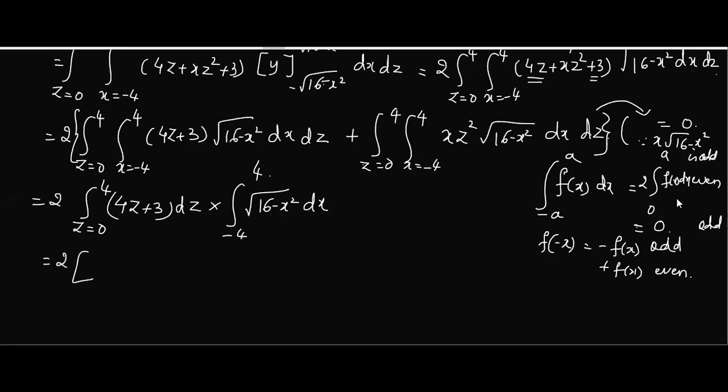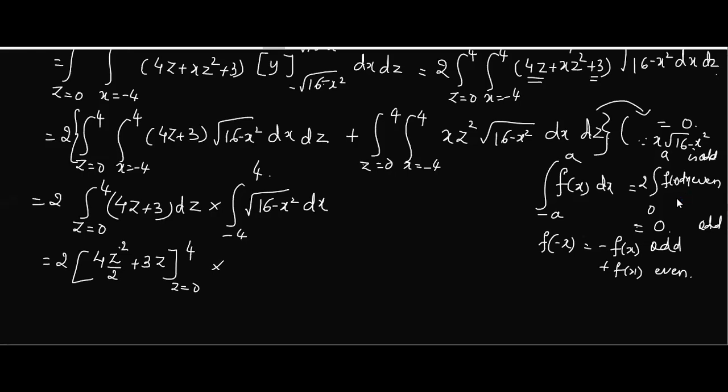What is the integration of 4z with respect to z? Tell me the value, please. Integration of z. Z square by 2, plus 3 becomes 3z, correct? Z varying from 0 to 4. Into, for this, isn't it?